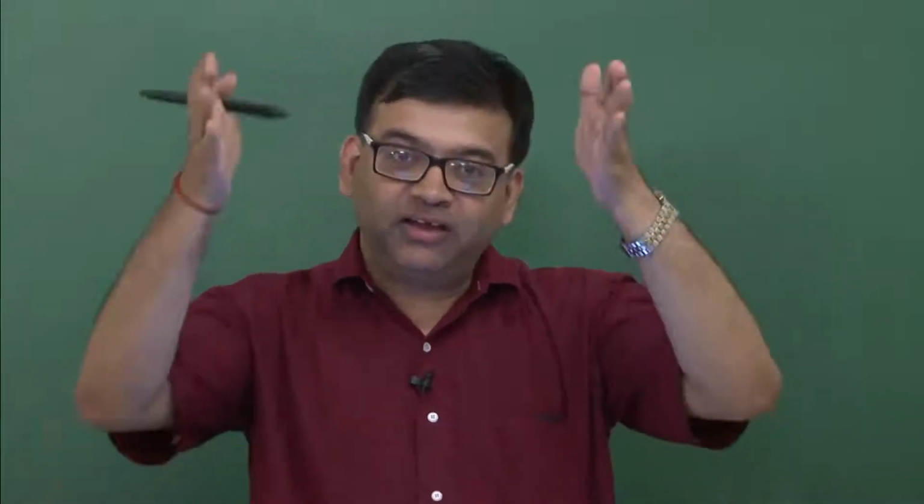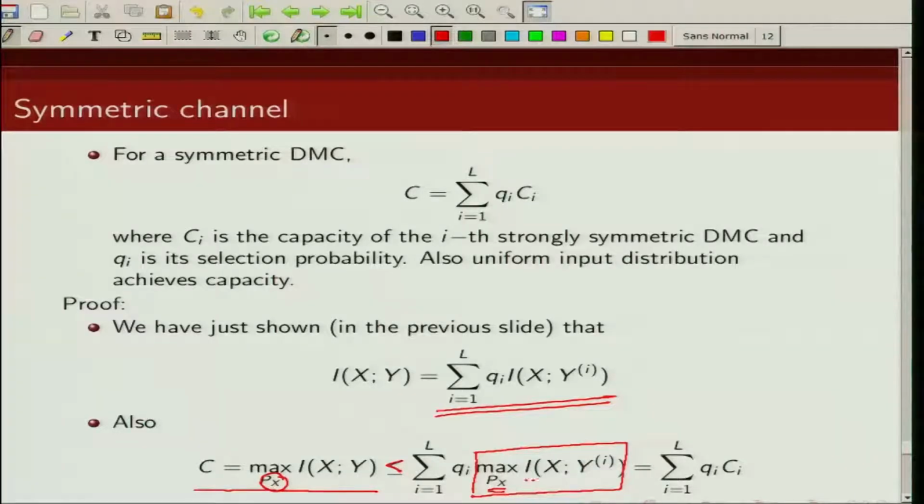And since I have the same input going to all of these L channels, the input distribution is the same. So the distribution that achieves capacity for the ith channel also achieves capacity for, let us say, the jth channel.